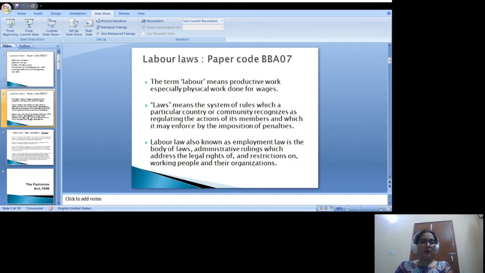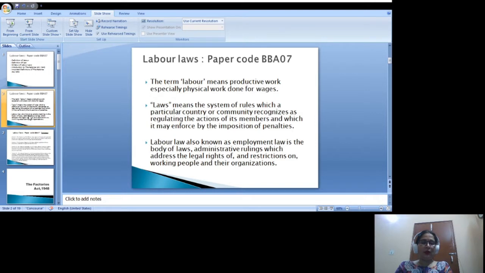So labor laws means the laws which are mainly for workers. These are the rules and regulations which are mainly formed for labors. Labor law is also known as employment law.